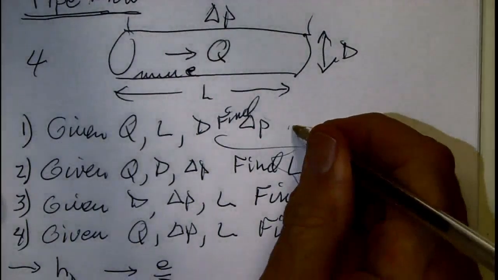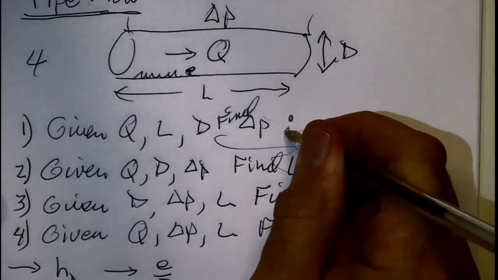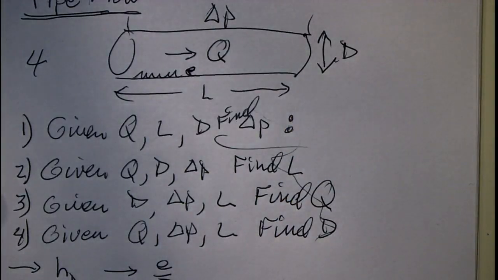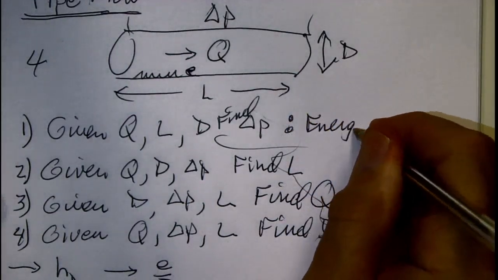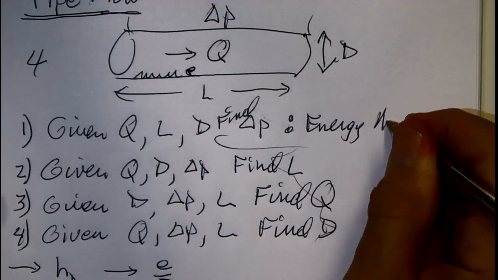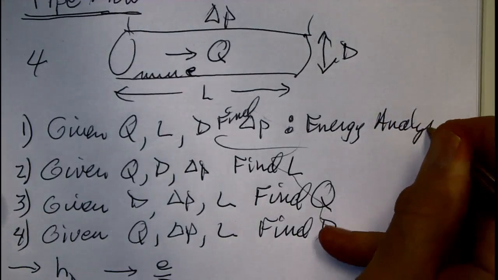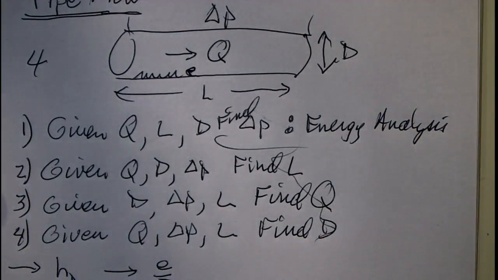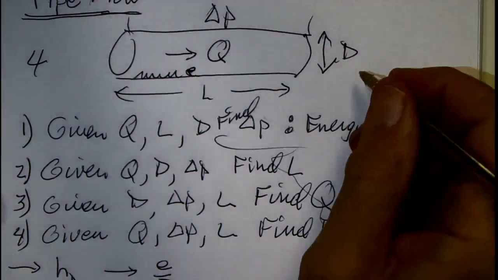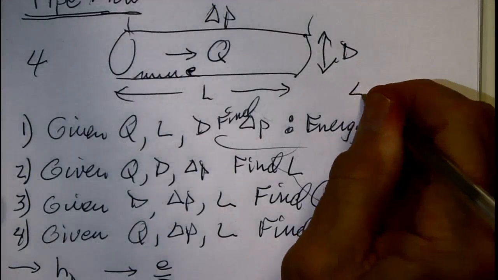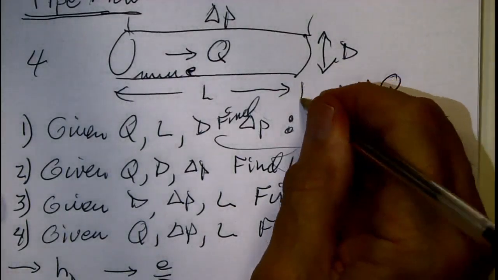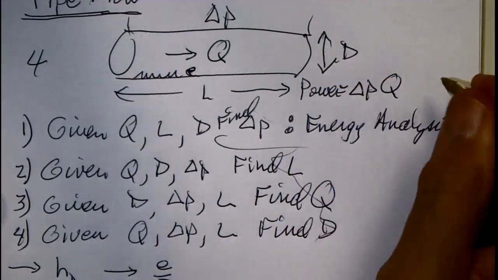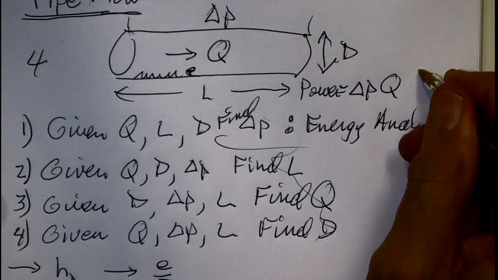For this one, find pressure drop, believe it or not, you're really performing an energy analysis. It may not seem that way to you, but you're doing an energy analysis. The reason you can say that is that pressure drop times the volumetric flow rate is basically power, or energy per time.